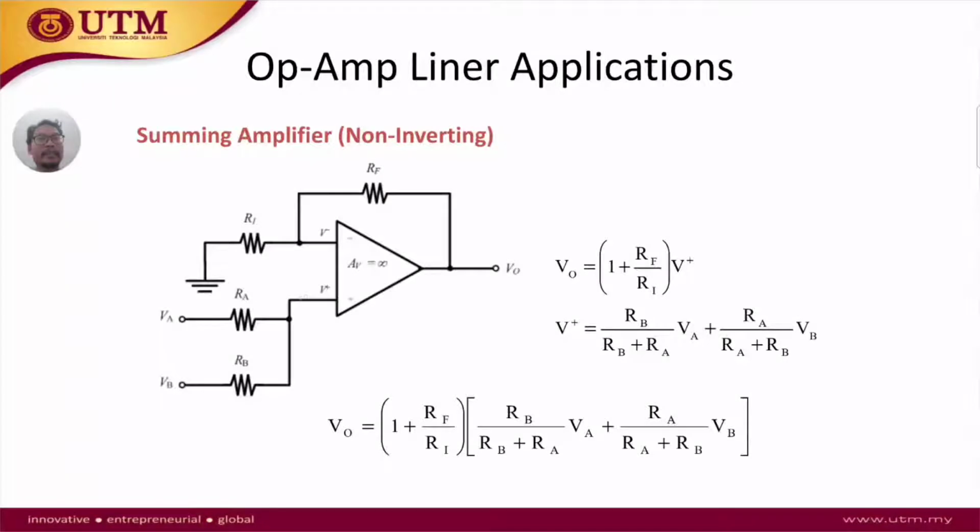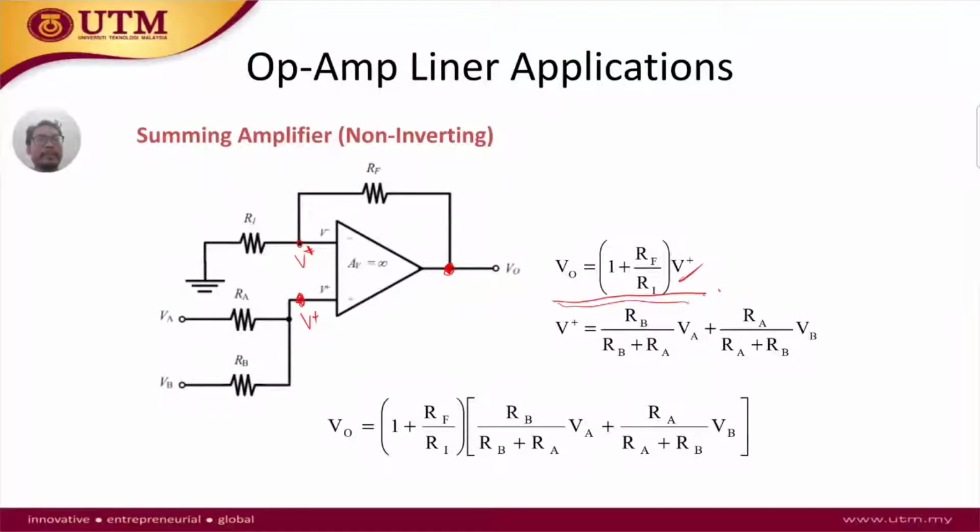If we were to analyze this, we see that here is your V plus, here is your V negative, where V plus equals V negative. And looking at this, we know that from our non-inverting configuration, V out is just going to be 1 plus RF over R1 times V plus. V plus is also there, because V plus equals V negative, so V plus is also up there, and V out here is just going to be this one in terms of V plus.